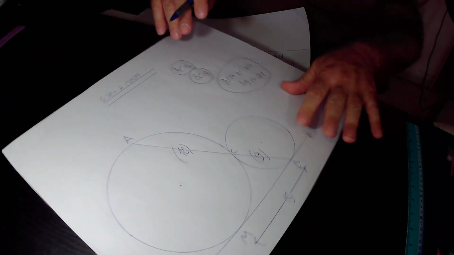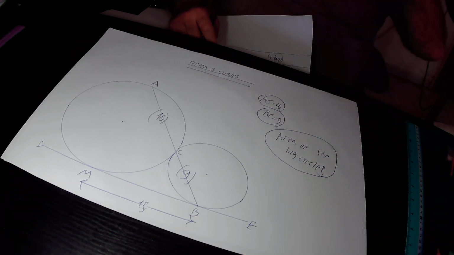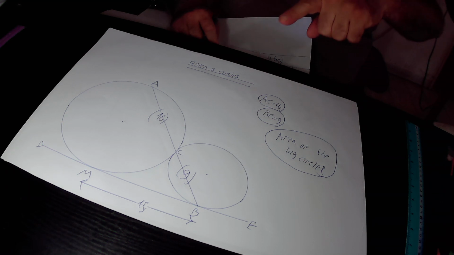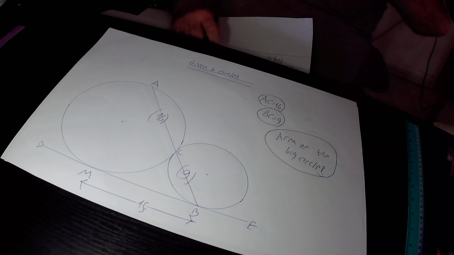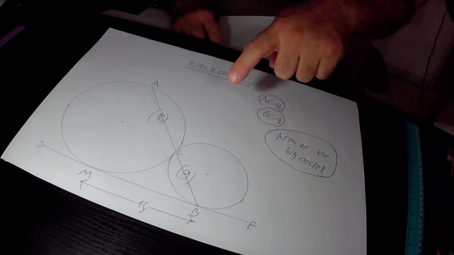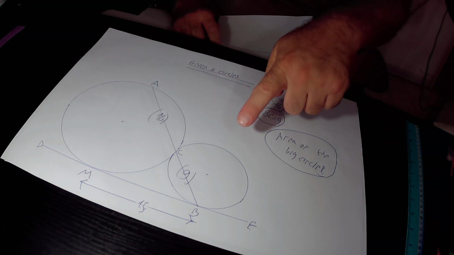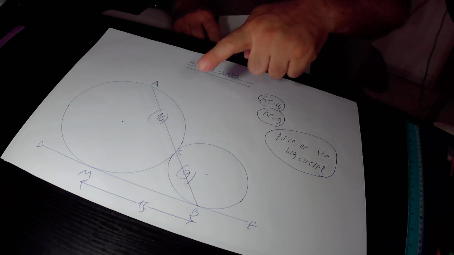In the next step, we will do a construction. That is to say, we will draw a common tangent to both circles at point C. Again, we draw a common tangent at point C to both circles, to the small circle and to the big circle.